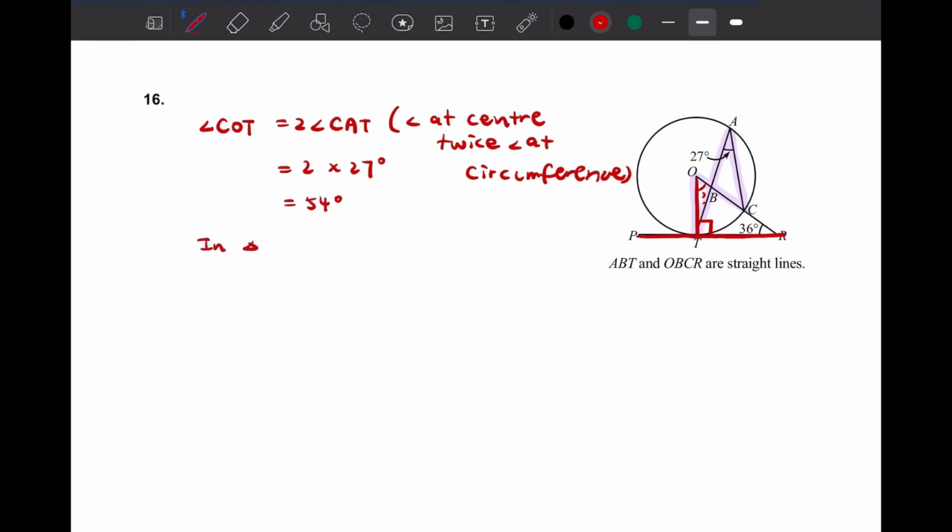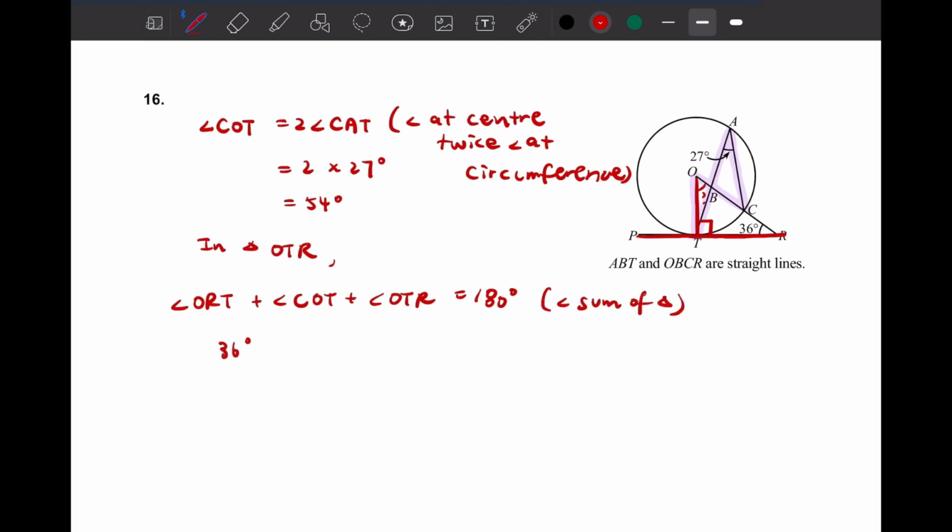And therefore it's 2 times 27 degree and it's 54 degree. So in the triangle OTR, we can say that angle ORT plus angle COT plus angle OTR equals 180. Angle sum of triangle. So 36 plus 54 plus angle OTR equals 180.